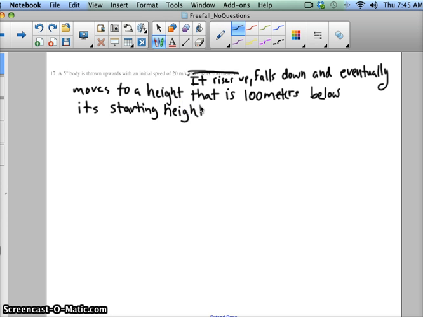Starting height was where it was released, where it was launched with its initial speed.